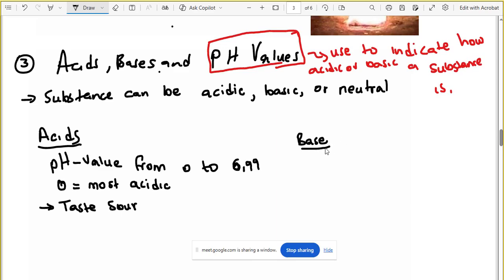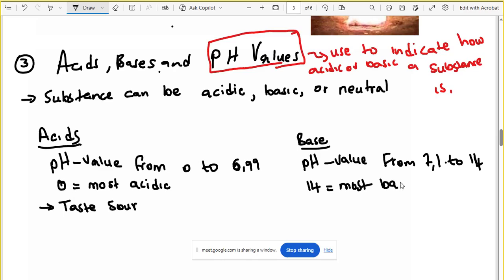Let's go and talk about the base. So for the base, the pH will start from 7.1. So the pH value goes from 7.1 all the way to 14. Okay. And then at 14, we say they are most basic, and they taste bitter.